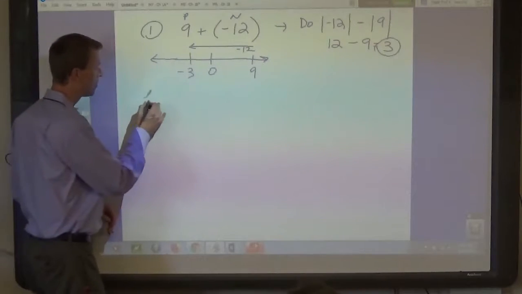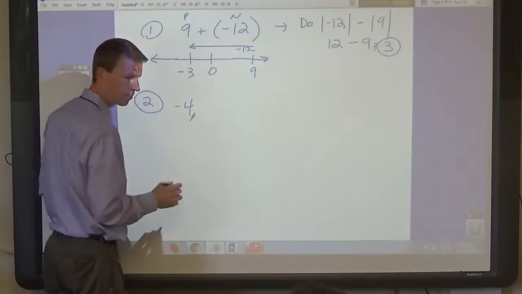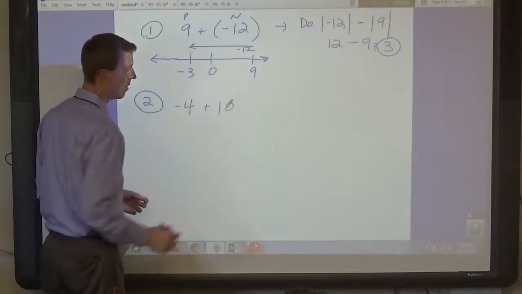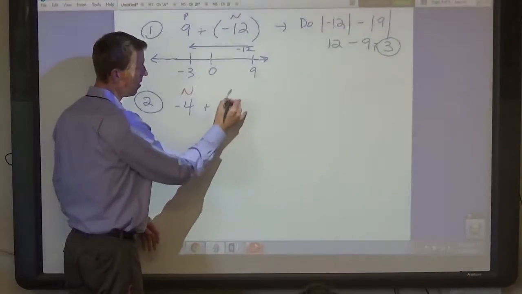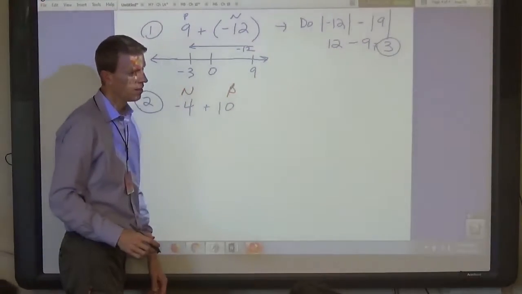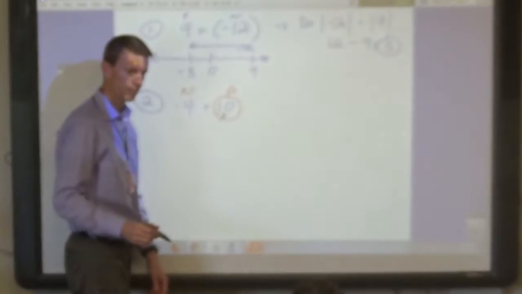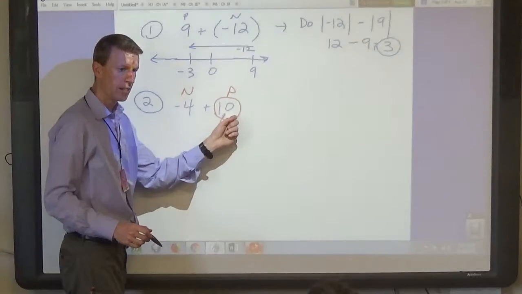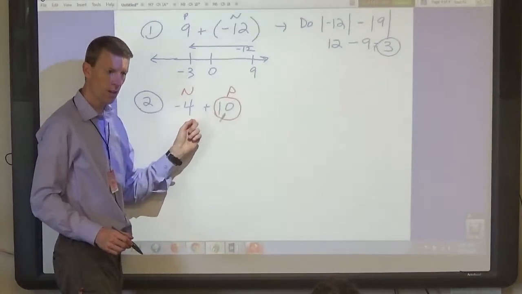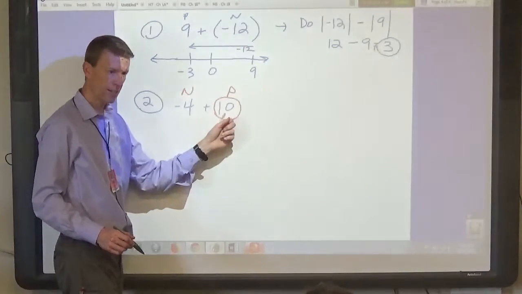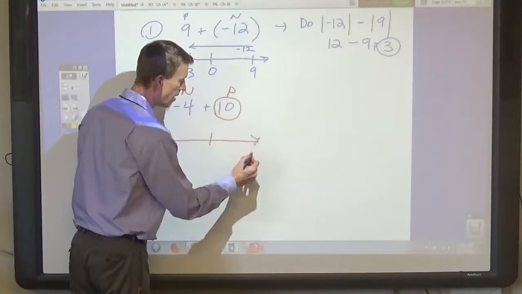Number 2? What's number 2, Matt? Negative 4 plus 10. Yep. Again, these are opposites. One is negative, one is positive. Well, 10 has the bigger absolute value. 10 is 10 spaces from 0. Negative 4 is only 4 spaces. So, we can picture this on a number line.